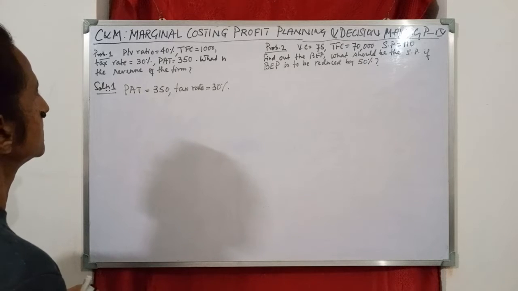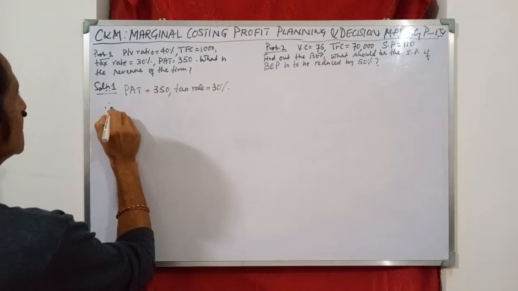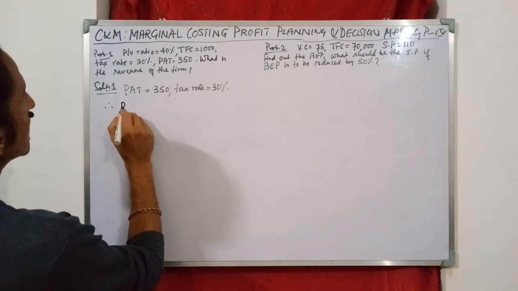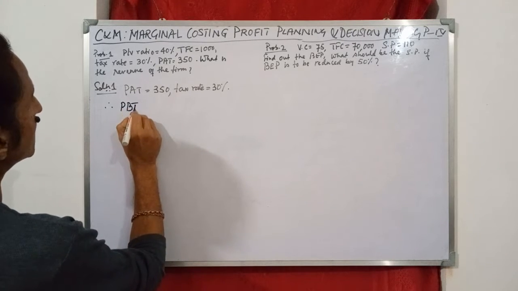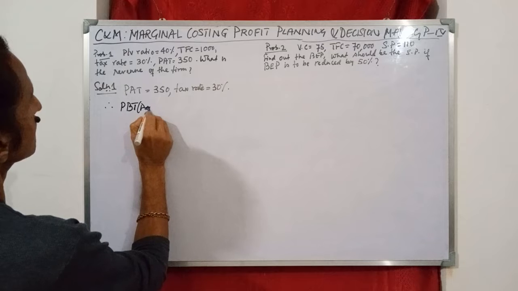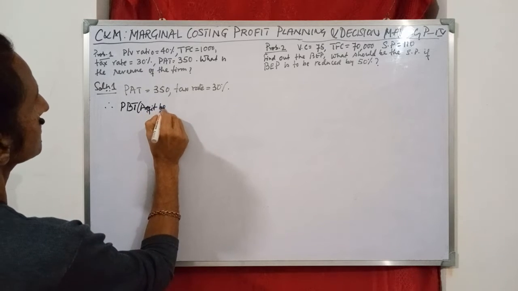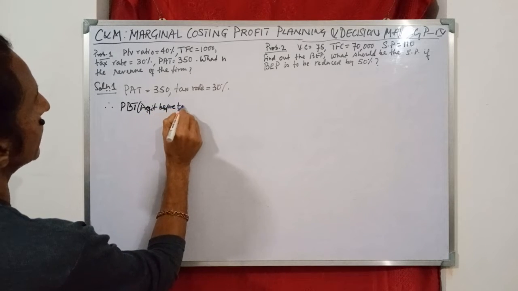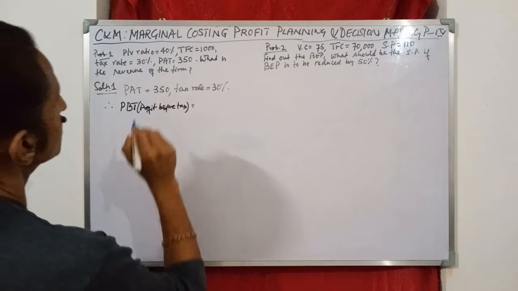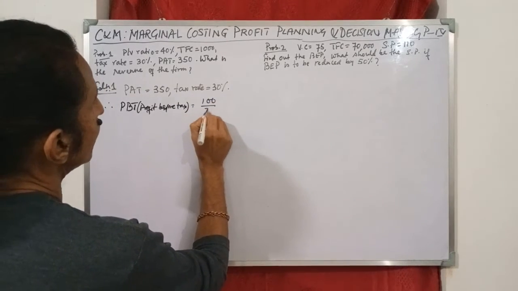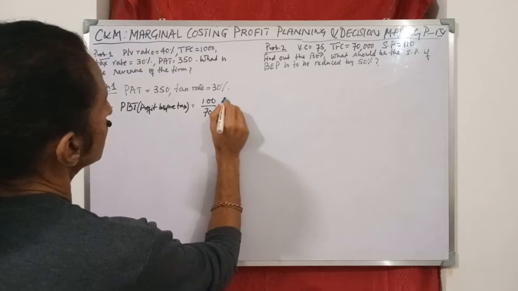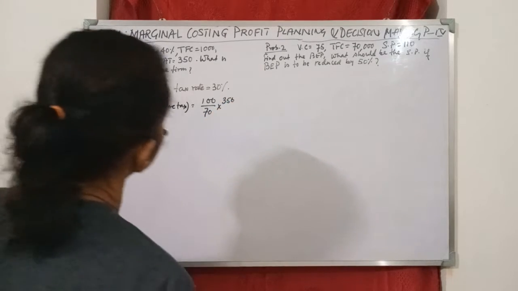Therefore PBT, that is profit before tax, is equal to 100 divided by 70 into 350.